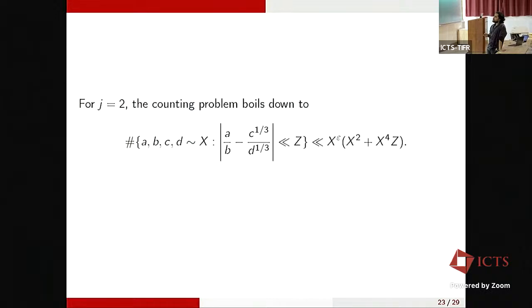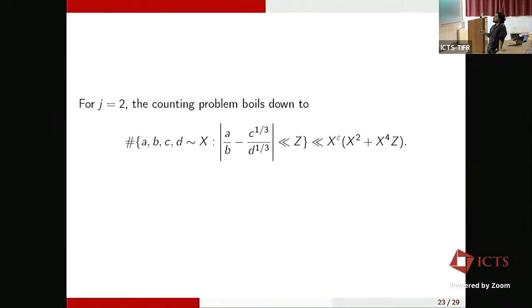And the counting problem that we arrived at looks like the following. So this is approximating rationals by cube roots of rationals. This is just an elementary exercise.